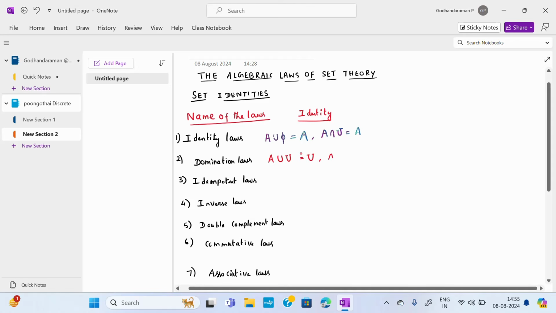Same way, A intersection ϕ is nothing but ϕ. This is the domination law.